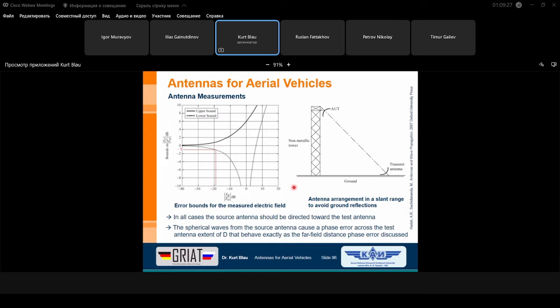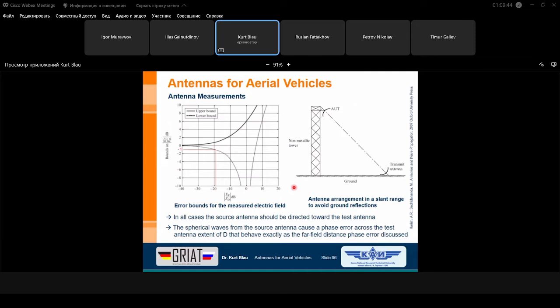This is a special problem if we have, for instance, smaller wavelengths in the gigahertz range, and you have, as you know, large dishes to receive signals from space and so on.